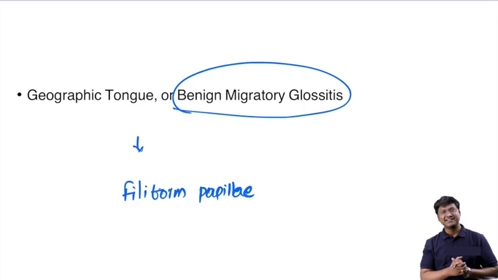Then what would be the cause for this geographic tongue? The individual might be consuming spicy food, excess amounts of alcohol, the individual might be a smoker, or might be consuming an irritant to cause this condition. So what exactly is the cause is not known. But what do you think is the differential diagnosis for this geographic tongue?